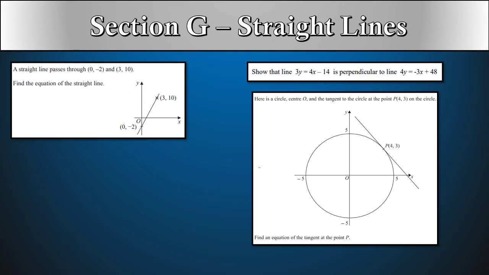Now let's take a look at this very last one here. So we've got a circle, a centre O, and we've got this tangent demonstrated here. So what I'm going to do is write this in black. So we've got this tangent here, and we know the point P is 4, 3. So this is 4 units along here. That's 4. Ignore my bad artwork. Then this would be 3 units up.